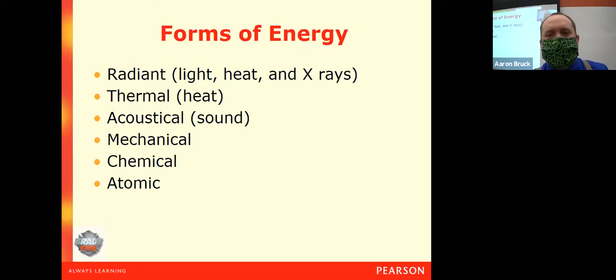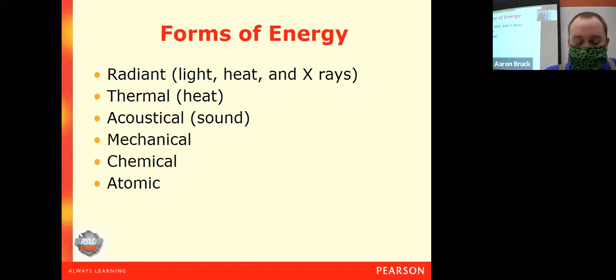Acoustical energy, the energy of sound, usually comes once energy has been transferred to another object. You pluck a guitar string, you've introduced kinetic energy to that string as it vibrates. And as it vibrates at that resonant frequency, you hear that as a sound. Mechanical energy, I already talked about that with a watch.